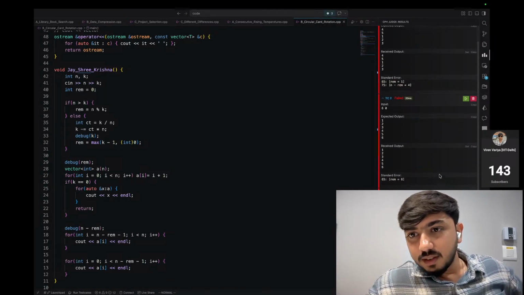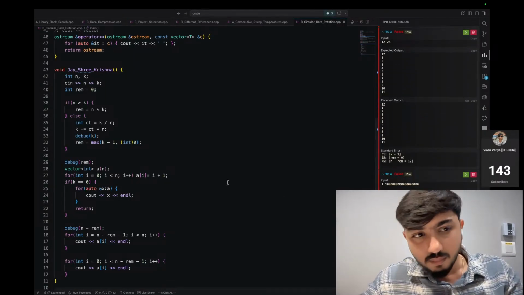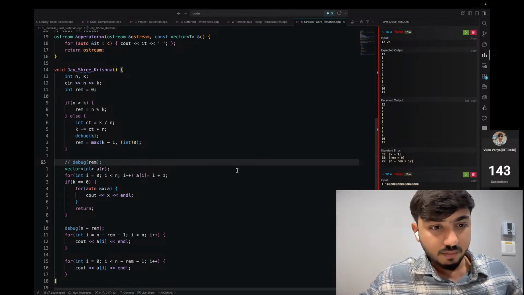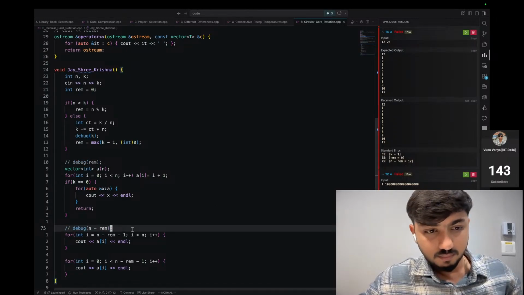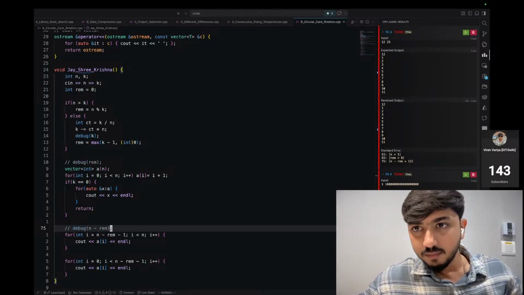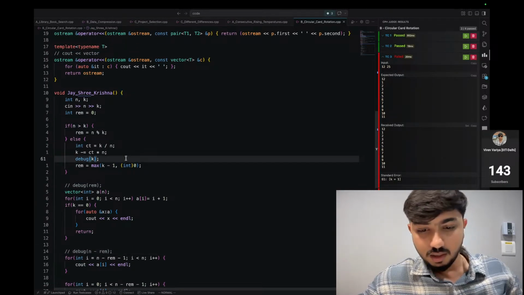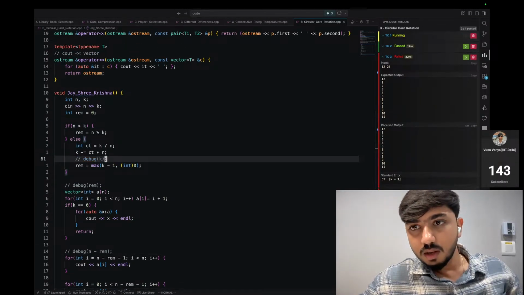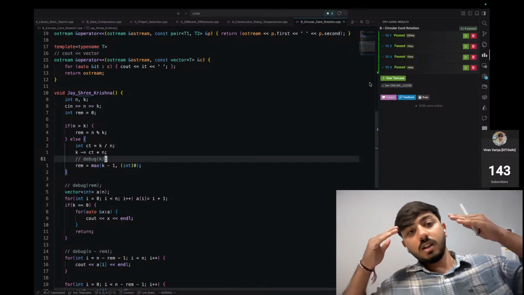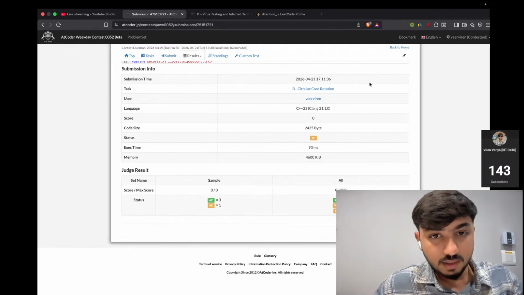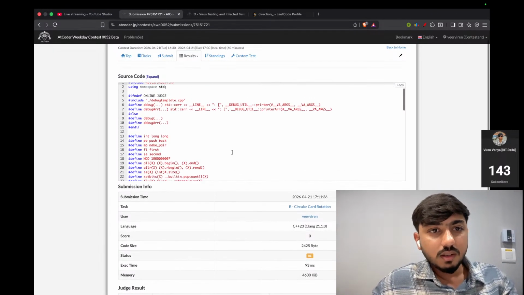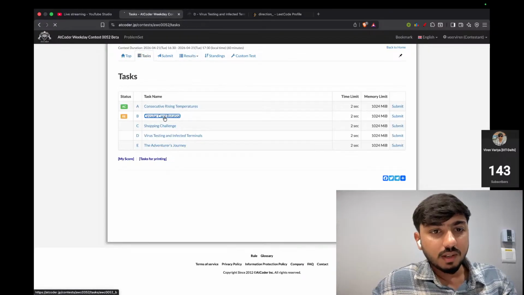Why is this giving a runtime error? Let me remove a few debugs. K. It is passing all the test cases. Why is it saying runtime error then?